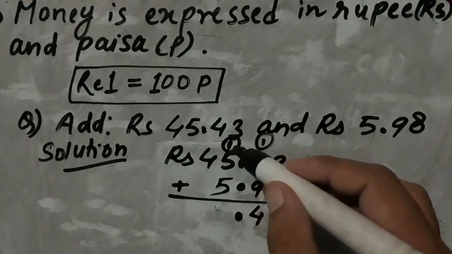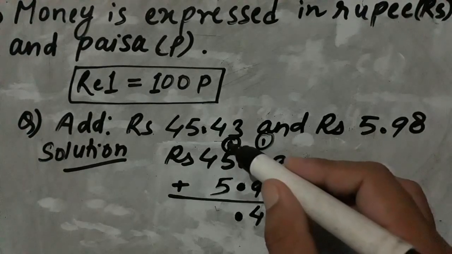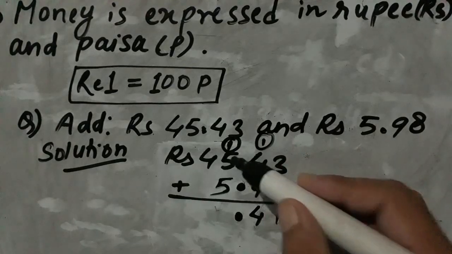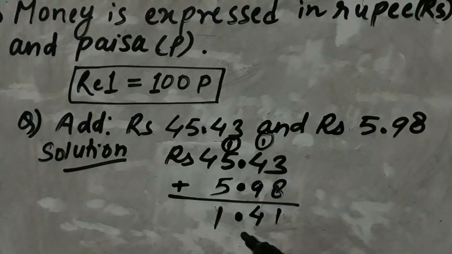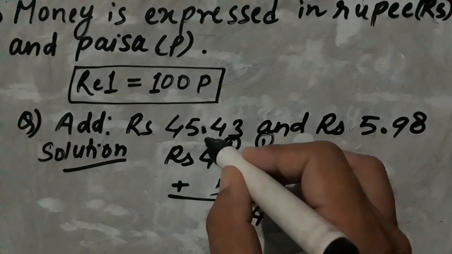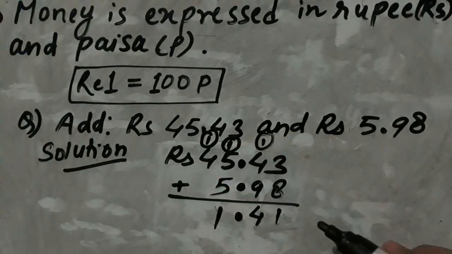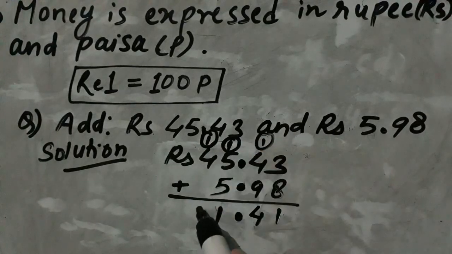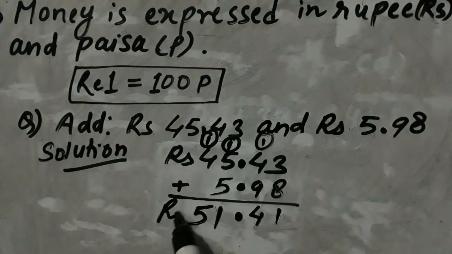And then we are supposed to perform addition. So now 1 plus 5 is 6. 6 plus 5 is 11. Now again 1 will be carry over. So now 1 plus 4 is 5. Now rupees will be rupees.